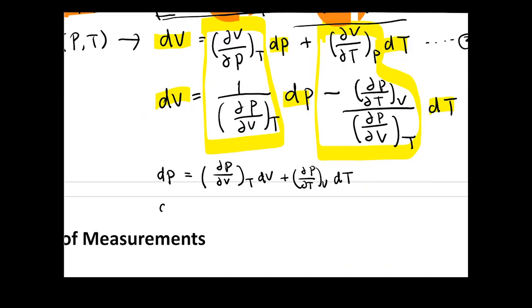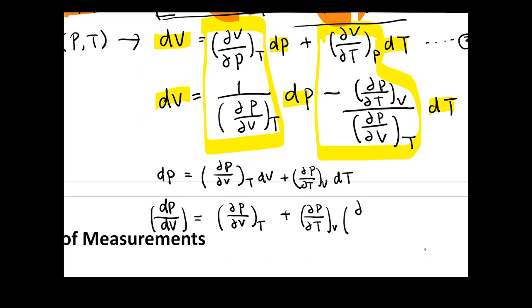In the end, you're going to have dP over dV equals partial P partial V at constant T. The dV cancels out, so you don't have the dV term anymore. And the second term will be partial P partial T at constant V times partial T partial V. Okay, and that's all. Once you write this down, you notice one thing.